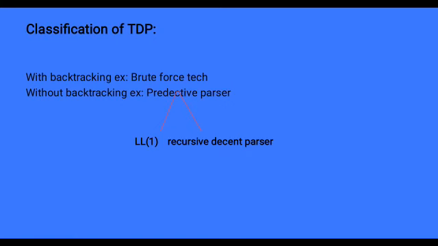The parser is constructed from top down, and input is read from left to right. The input is recursively parsed, preparing a parse tree with or without backtracking. That is called recursive descent parser.